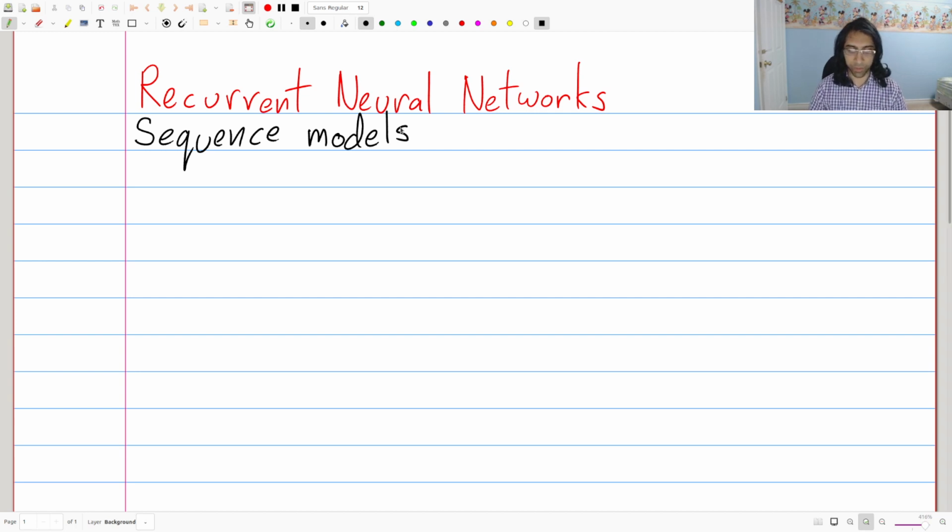Suppose we have a sequence of points where each one is dependent on other points in the sequence. This is going to be the type of setting where the goal is to be able to predict information or combine information about multiple points in the sequence to do machine learning. So let's talk about a couple of examples.